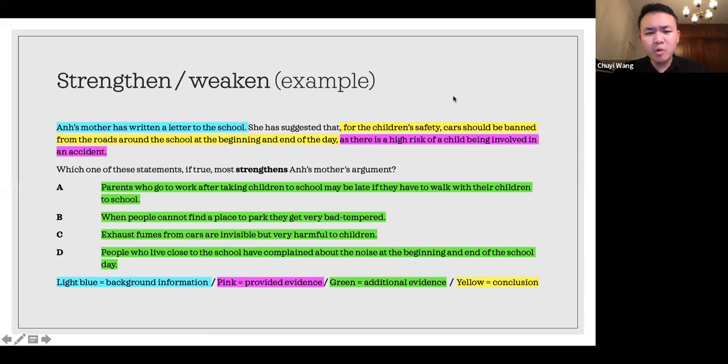Now let's look at the second one. When people cannot find a place to park, they get very bad-tempered. Does that have to do with the children's safety? Not really, not at all, okay? That answer is just about people's attitudes. Now, this is what I meant by don't overthink each answer. You might be going down a spiral of thinking, when people get bad-tempered, they might have road rage and then accidentally cause an accident.